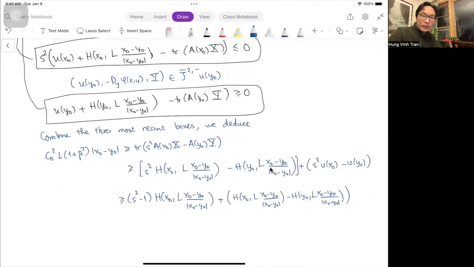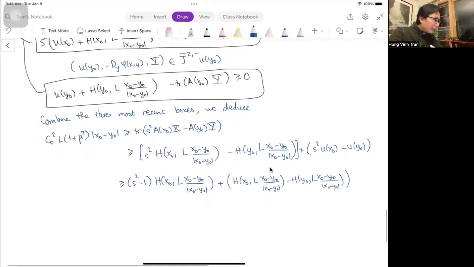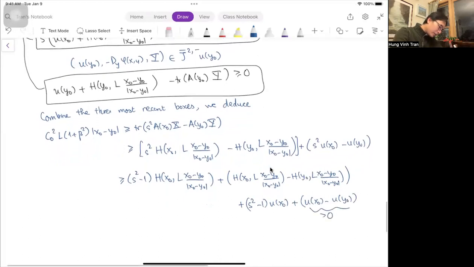For this difference, we can control it by the assumption. And remember that we have u of x naught minus u of y naught is positive, so I'm going to get rid of that. So just the remaining term is s squared minus 1 u of x naught plus u of x naught minus u of y naught. Again, this is assumed to be greater than 0. We're going to throw it away.